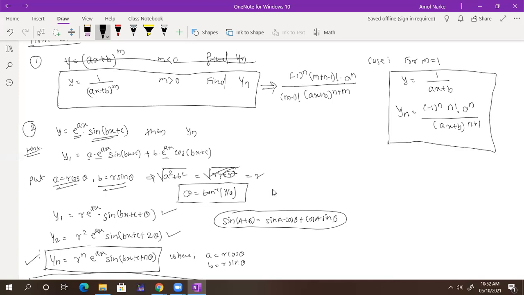Okay. Clean and clear, everyone? Can we go for the examples now? Yeah, please write down, everyone. So in today's lecture, we are going to solve some examples on standard functions, and then we are going to see Leibniz theorem, how we are going to solve the examples by using Leibniz theorem.